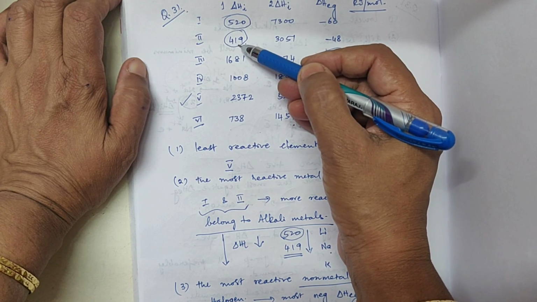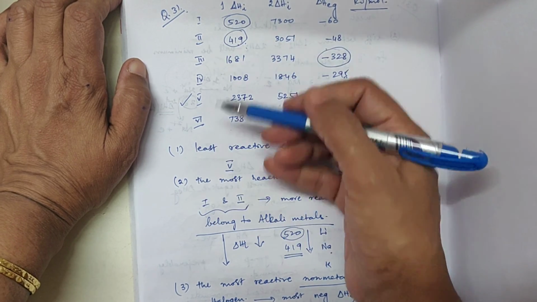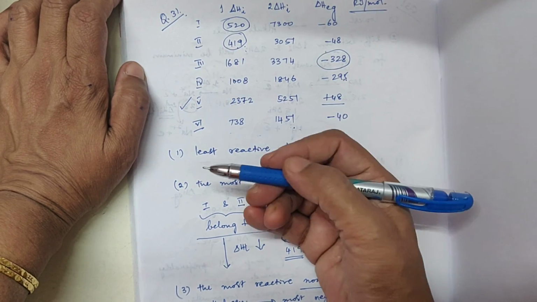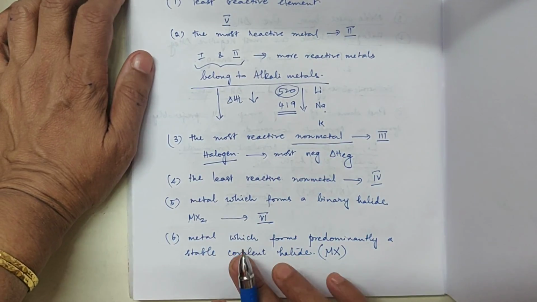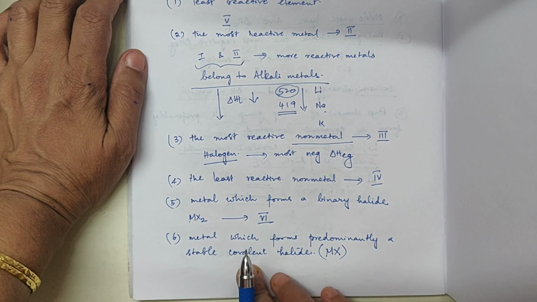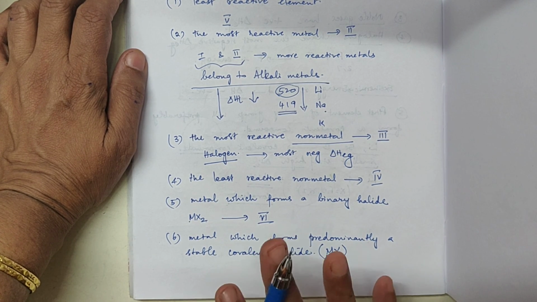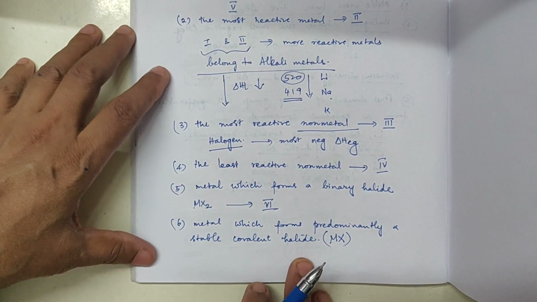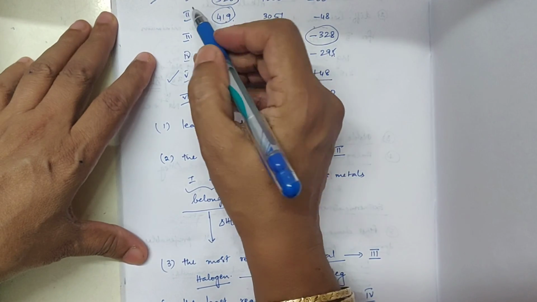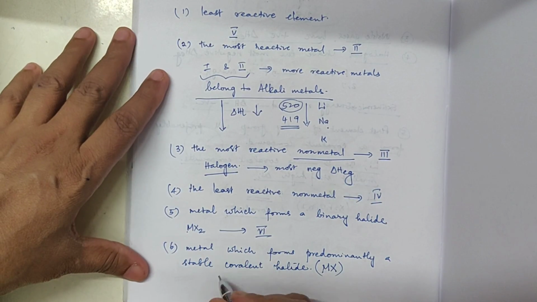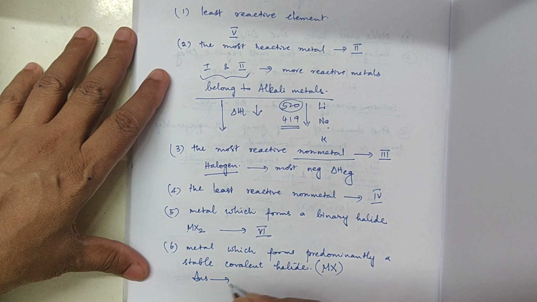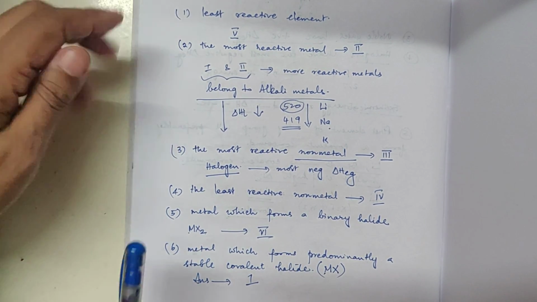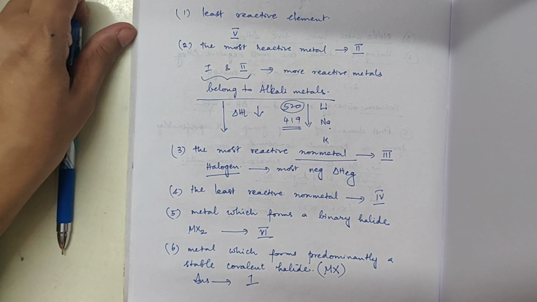So 419 will be the second element and 520 is expected to be the topmost element, because just now we saw ionization enthalpy decreases down the group as the metallic character increases. So here the one which will form a stable covalent halide is that of 1. Okay, so the answer here is 1. That is the answer. So this is how your question number 31 is discussed.